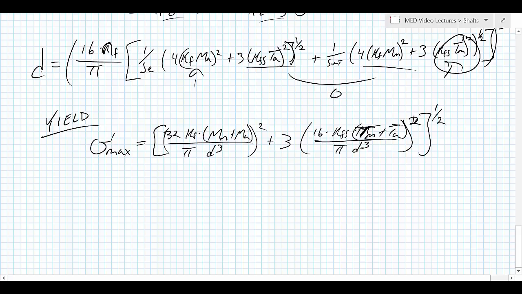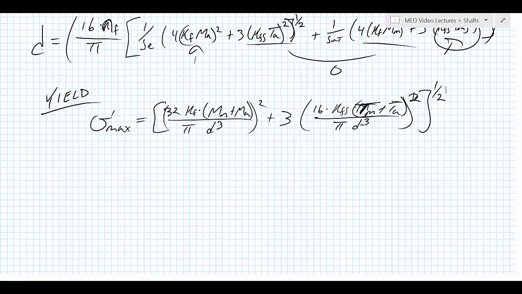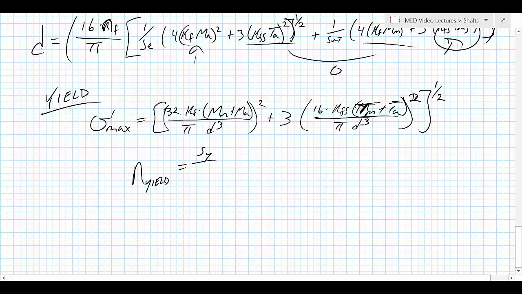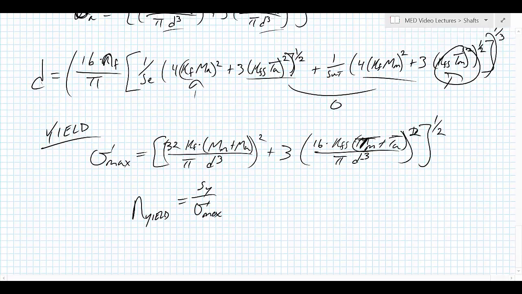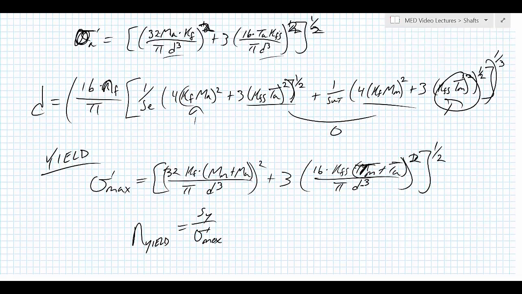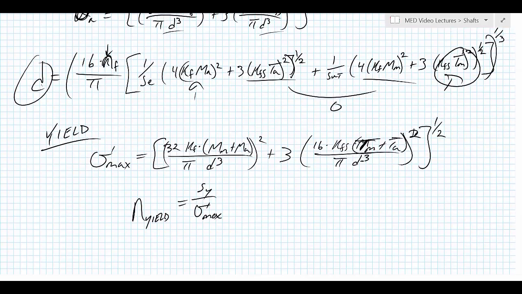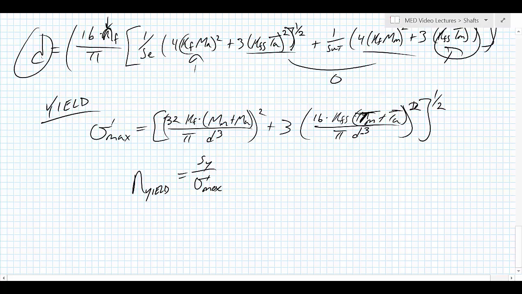So this is just the von Mises form worked out so you can see the same mean moment and mean amplitude, and of course our yield factor of safety is the same as it's always been, so our yielding strength versus our maximum von Mises stress that we just found. So using this approach, what we can do is identify a diameter at a critical location to avoid fatigue failure with some stress factor of safety, and then also check to make sure that given that diameter here, we shouldn't see any yielding.